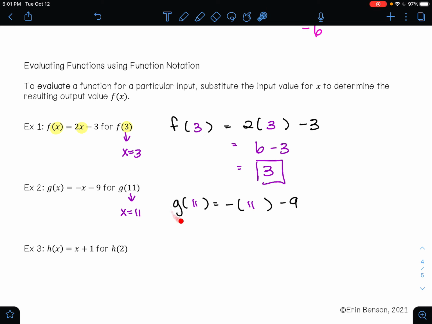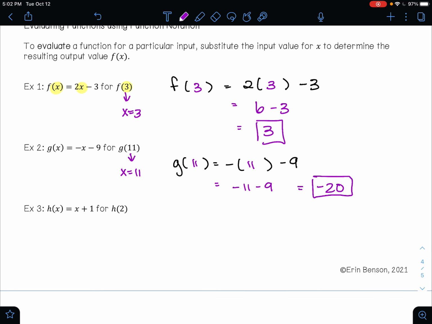This side over here is just notation. We're saying, hey, we're looking at the function g of x, and we're replacing x with 11. Over on the right side of the equation, negative 11 is just negative 11. Negative 11 minus 9 is negative 20. So my answer is negative 20.